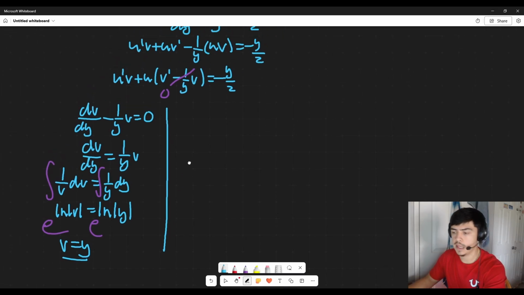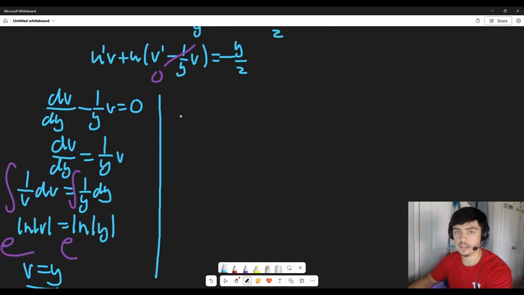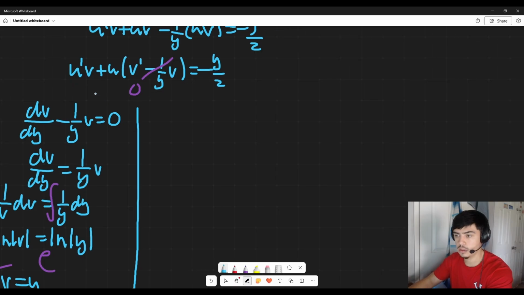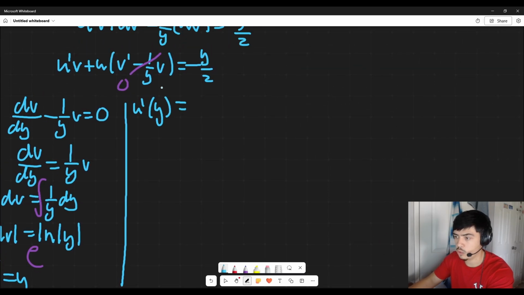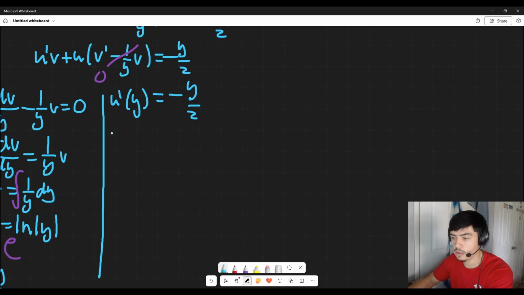V equals y. So now, working with the rest of the equation, remember, this is equal to 0. So what we're left with is u prime times our v, which was just y, equaling negative y over 2. Now, remember, the u prime is just du over dy.